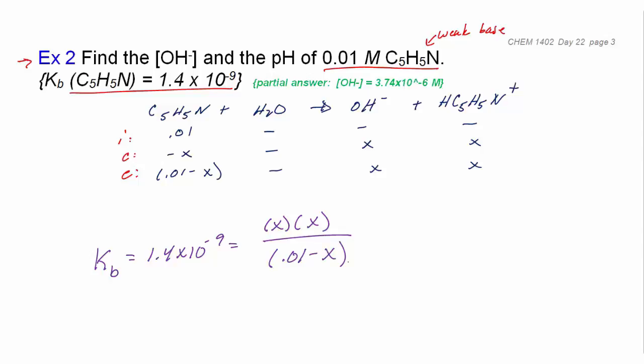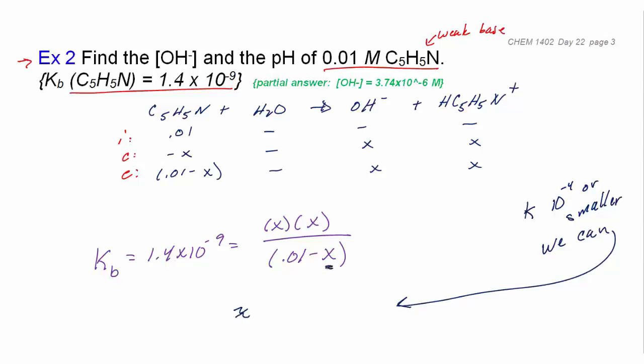Now remember that trick? Whenever our K expressions are 10 to the minus 4 or smaller, we can say that x is going to be very, very small.